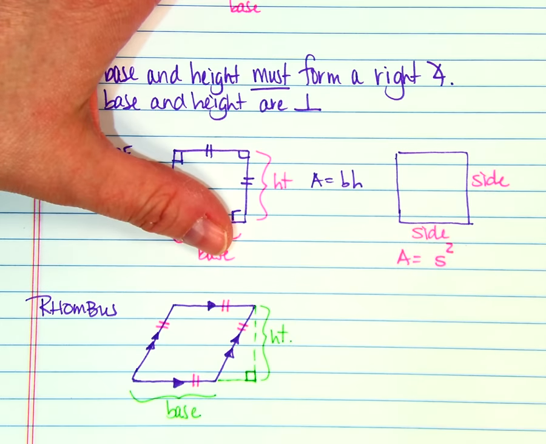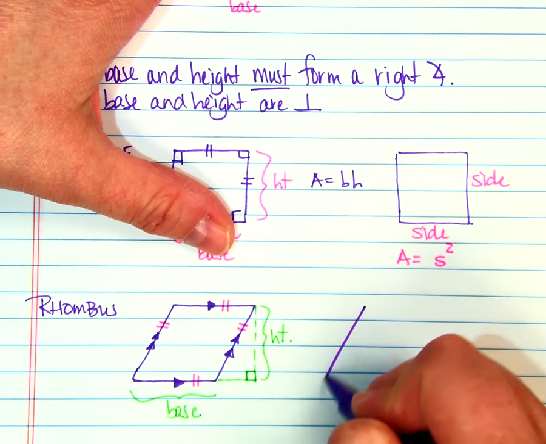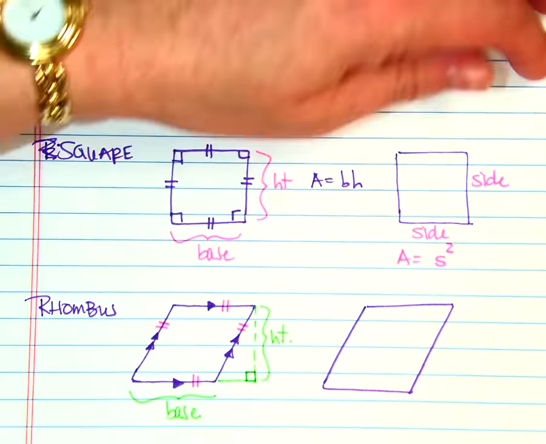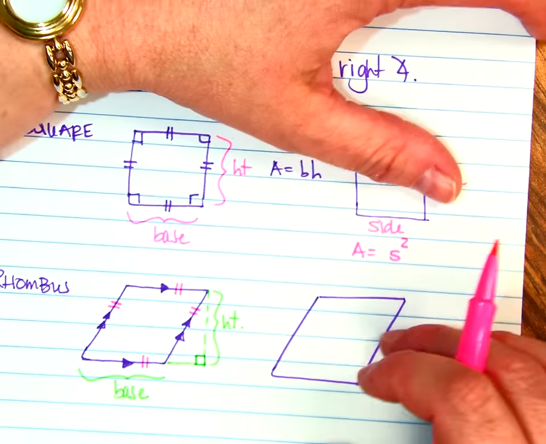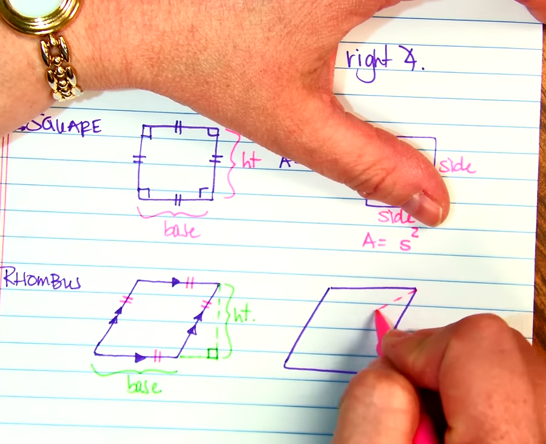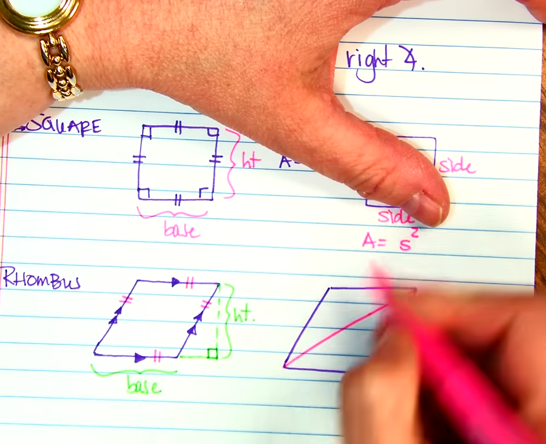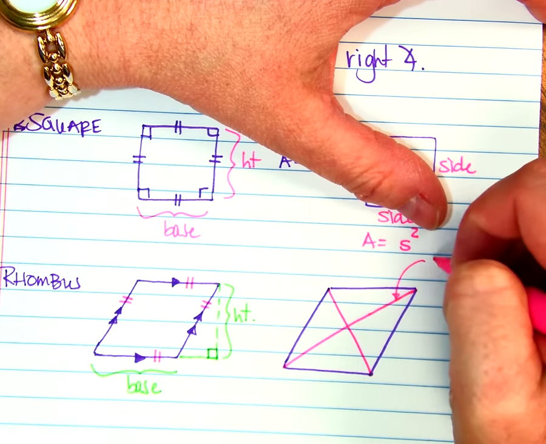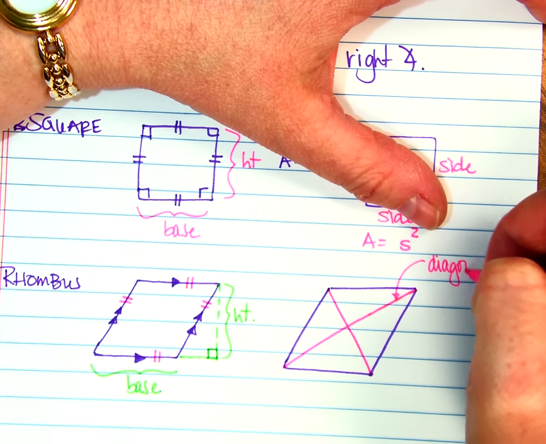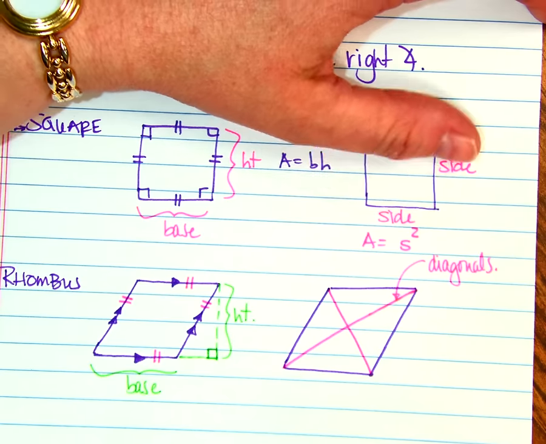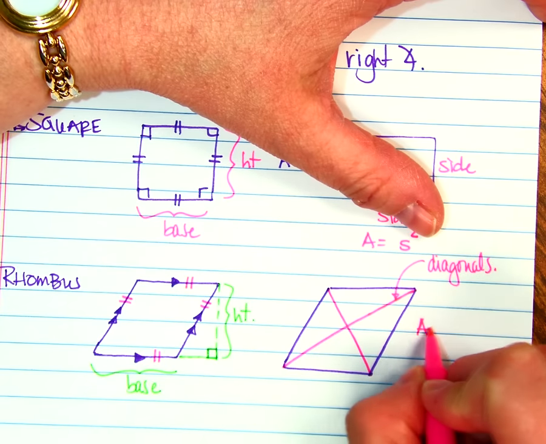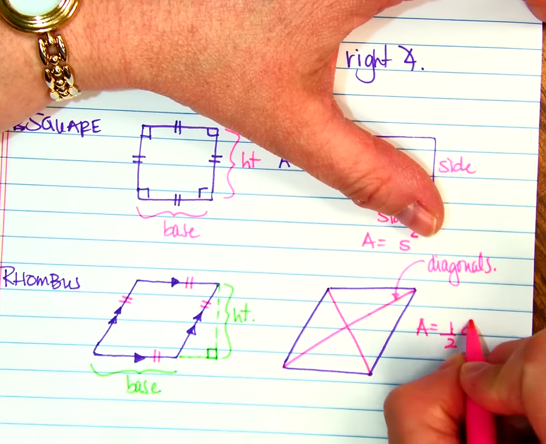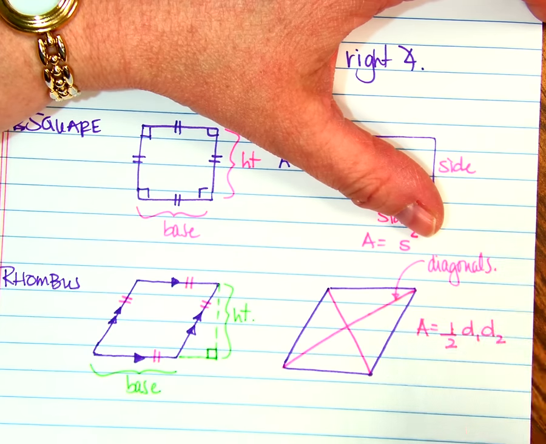Another formula for a rhombus is we have this segment and we have this segment. If you remember, these are called diagonals. So another formula is that area equals 1/2 d sub 1 times d sub 2.